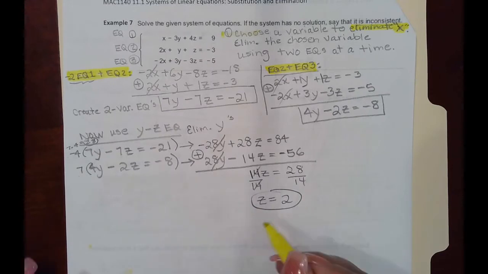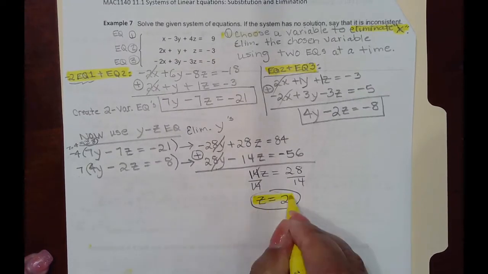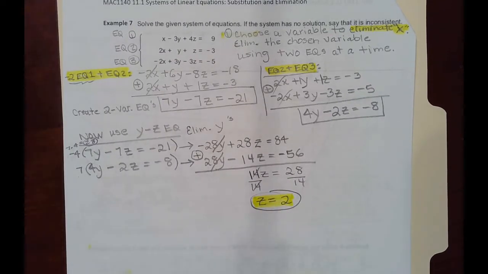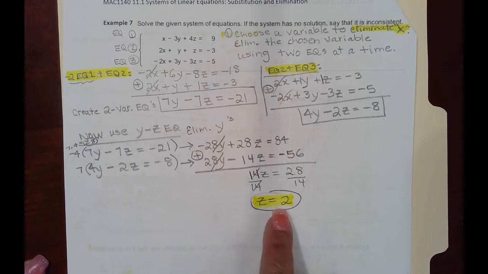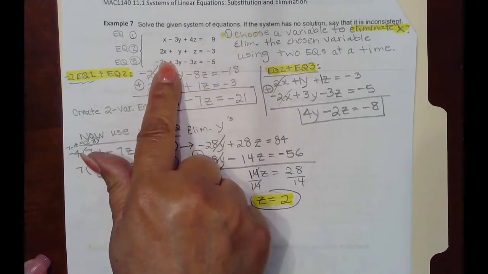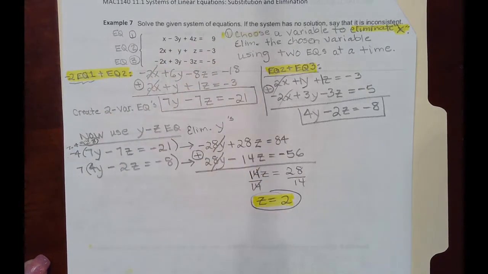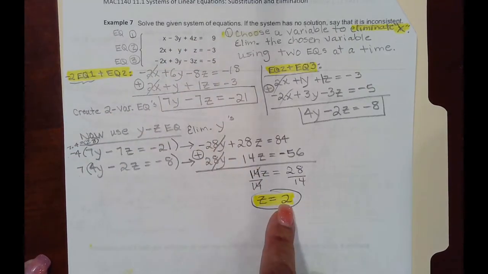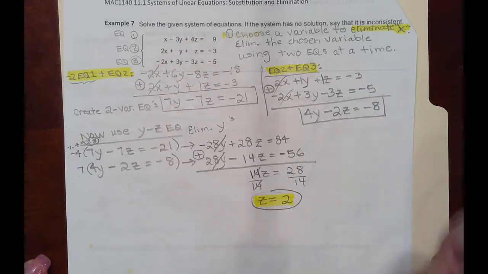So now what we're going to do with this value is we're going to use it. We're going to scroll backwards through the equations that we've created. However, you got to be careful about where you scroll back to. Like for instance, we can take and plug this in, but you can't go back to the original equations yet because they have too many variables in them. So you would plug in the z, but then you'd have two things that would be unknown.